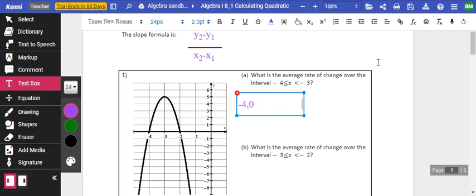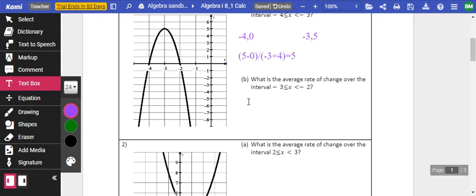And at -3, the y value is 5. And then we're just doing 5 minus 0 divided by -3 minus a negative, so it's plus 4. And that equals 5. That's it. That's all we're doing there.